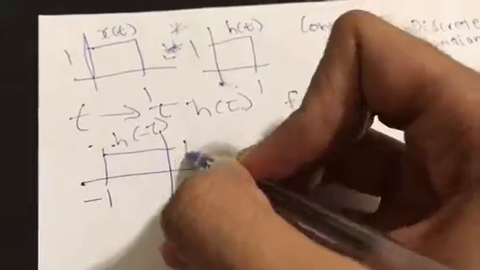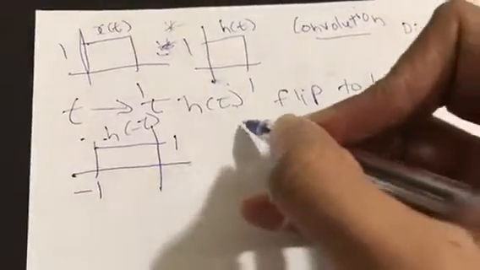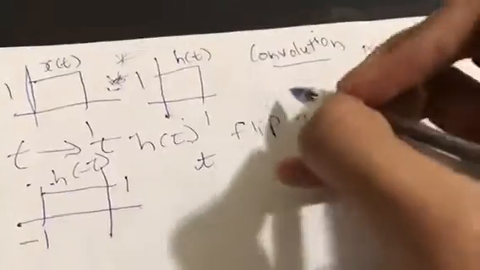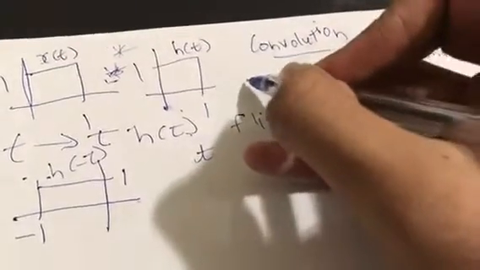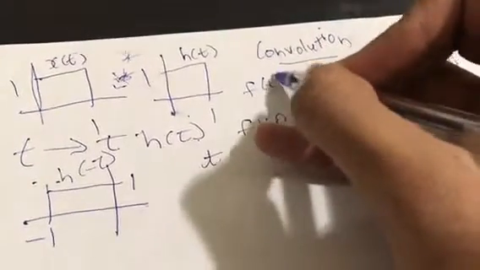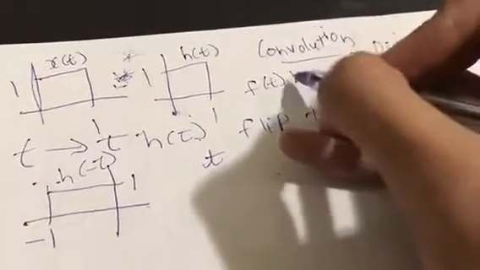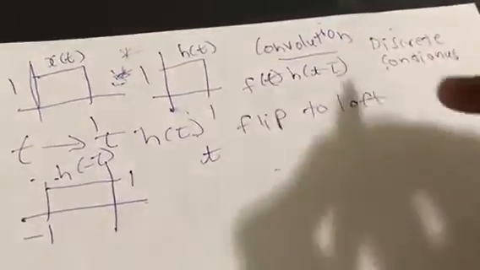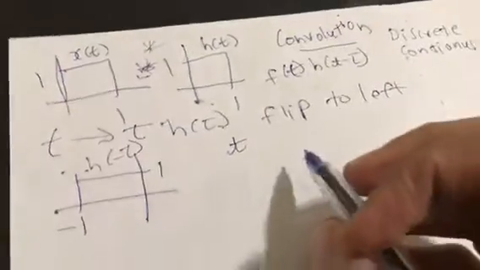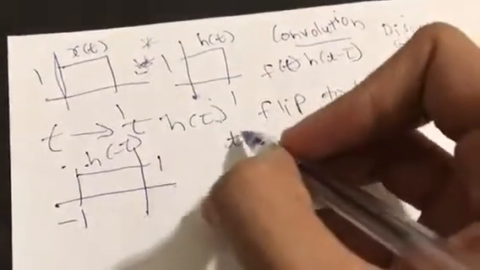You'll get h of minus tau, from minus 1 to 1. Now shift it by t, because the definition of convolution is f of t into h of t minus tau, or f of tau into h of t minus tau. It's like one and the same thing, so we have to shift it by t.